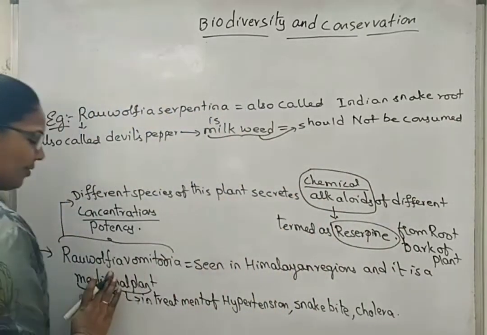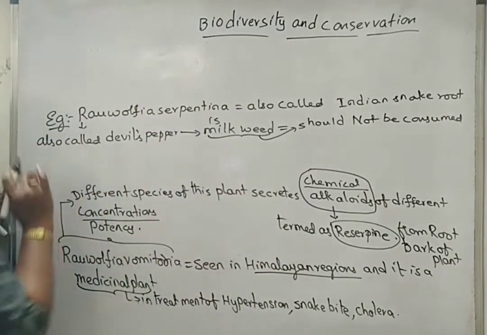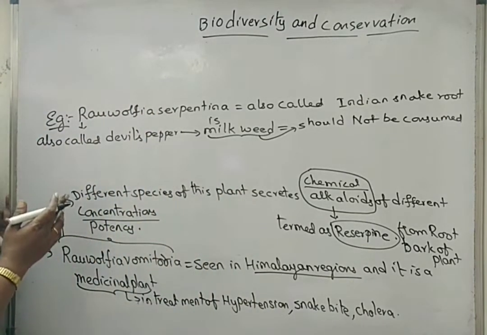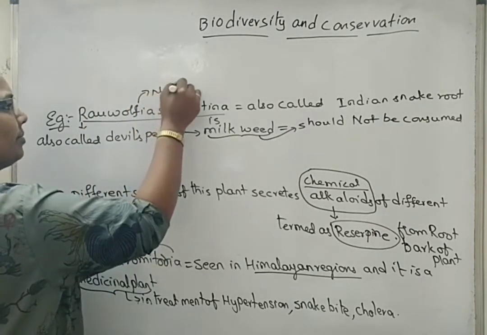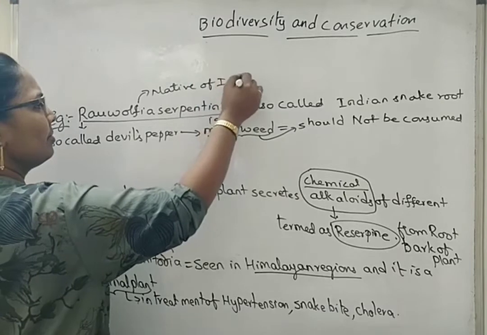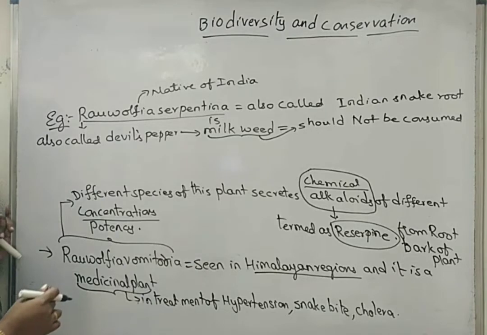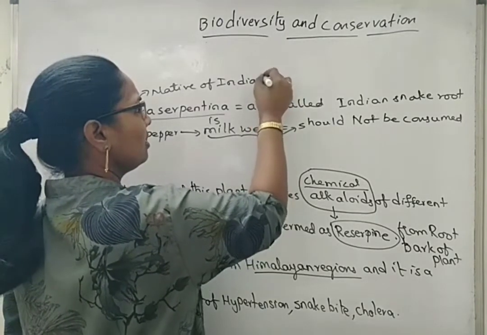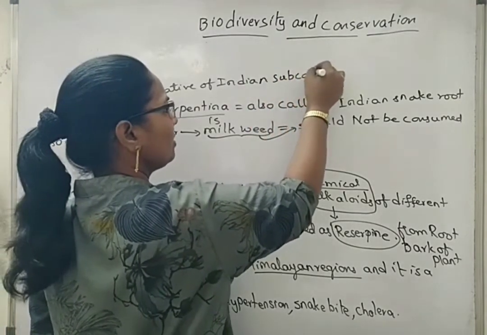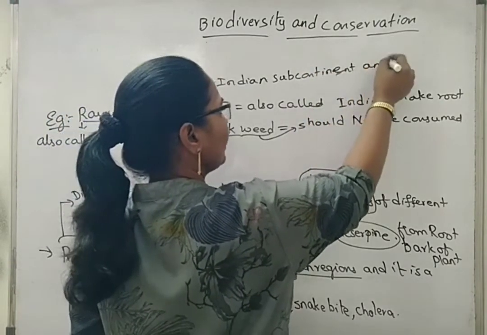We have seen Rauwolfia vomitoria in Himalayan regions. Where is this Rauwolfia serpentina seen? Actually, it is an Indian native plant. You can also give a term like native of India. But when one species is seen in Himalayan regions, this species is seen in the Indian subcontinent and East Asia.